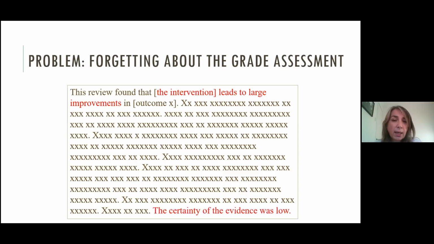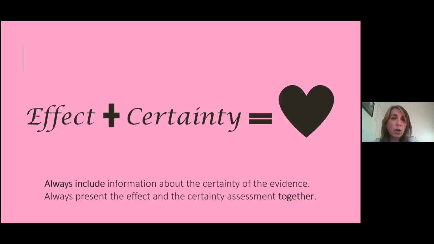And then way down below, they'll mention that the certainty of the evidence was low. Those two pieces of information have been divorced from each other, which is really unfortunate. So as a rule, always include information about the certainty of the evidence with the information about effect. You always need to present those two pieces of information together.